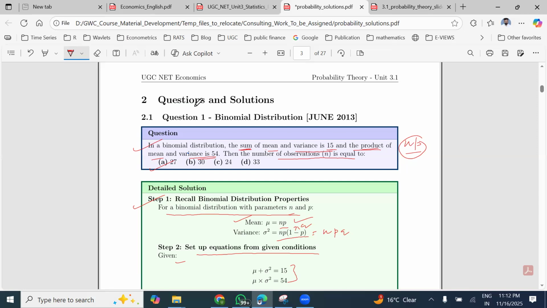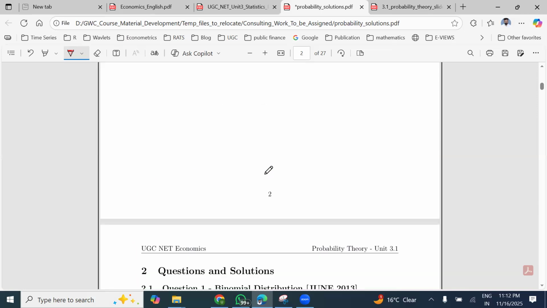As I told you, the first method is very lengthy. So sum and product. When this kind of question comes, I will quickly tell you how you are going to use the quadratic equation.